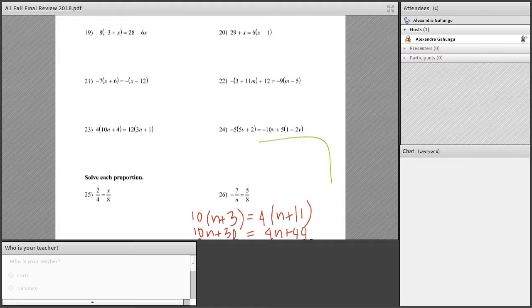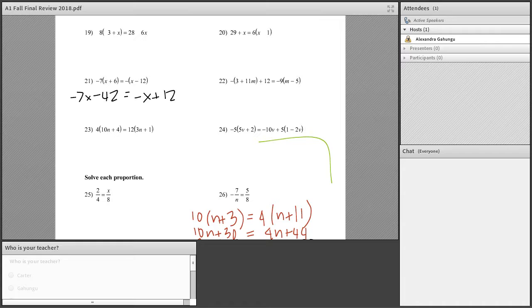You can do something like 21. You just got to be careful with your positive and negative signs. You'll distribute -7, so it's -7x minus 42 equals -x plus 12.